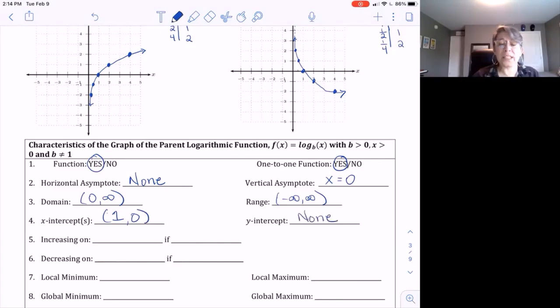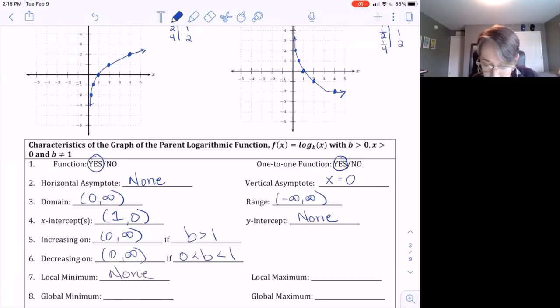It is increasing in that first graph from 0 to infinity, but notice in that first graph, our base was greater than 1. In the second graph, it's decreasing, still from 0 to infinity, but in that one, our base was between 0 and 1. There are no local maximums or local minimums. It is completely increasing or decreasing over the entire function. Same thing as global. There are no endpoints to check.